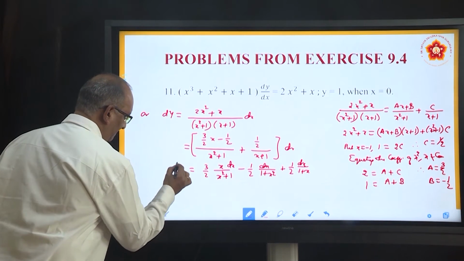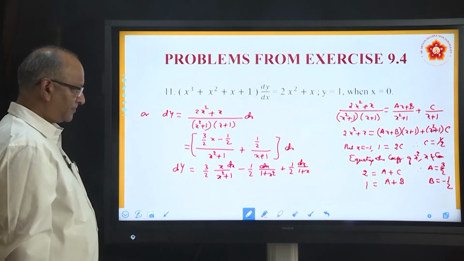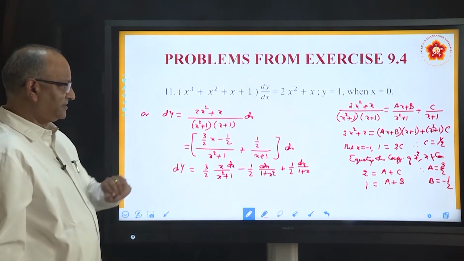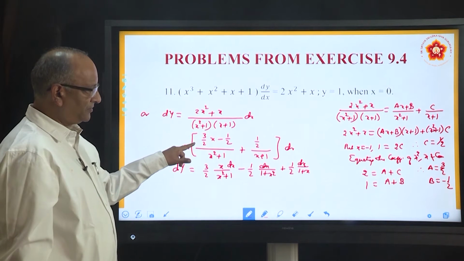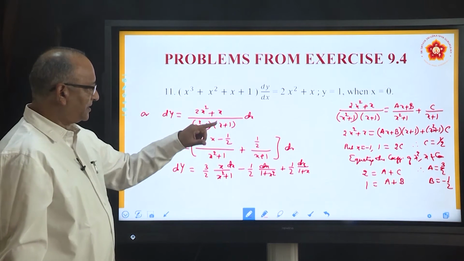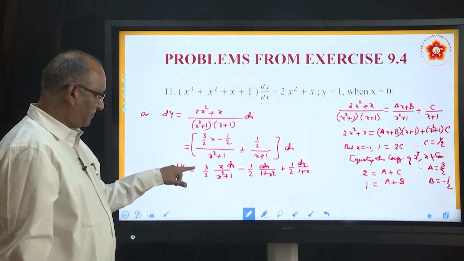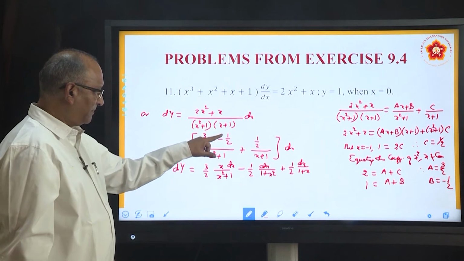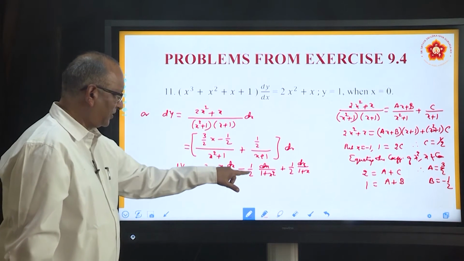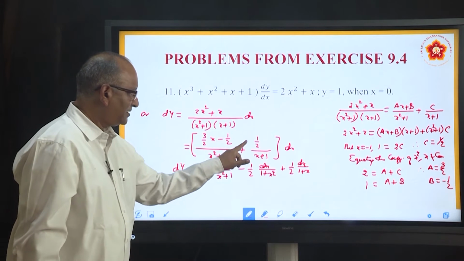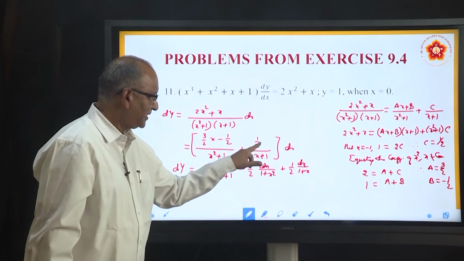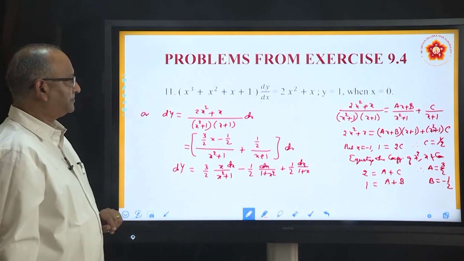This is dy. The simplification is ax plus b, a is 3 by 2 x plus b, b is minus half. So we wrote 3 by 2 x upon this, minus 1 by 2 dx upon 1 plus x square, then 1 by 2 dx upon x plus 1.